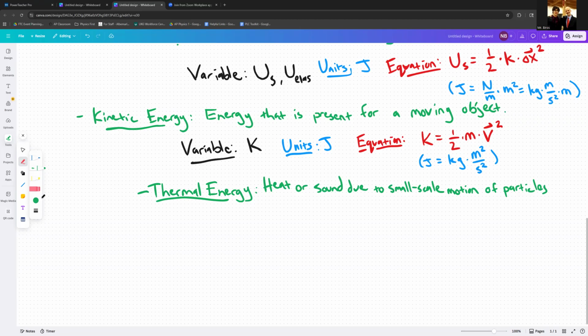Sound is actually the same thing. If there's no sound, if it's still and quiet and you don't hear anything in the air, that means that the air molecules are moving, but they're not moving in a way that your eardrums will pick up sound. Versus as soon as I speak into the microphone and you hear it coming out of your speakers or your headphones, or we're in class and your friend is explaining something to you and you're hearing the words that they say, that sound is small scale motion of air particles.